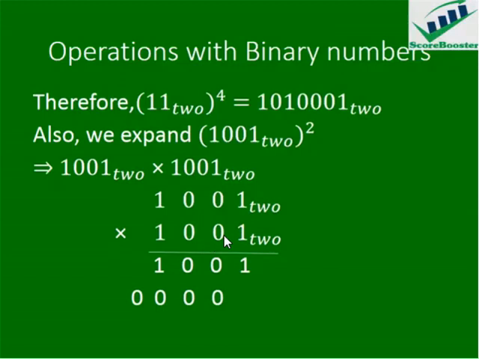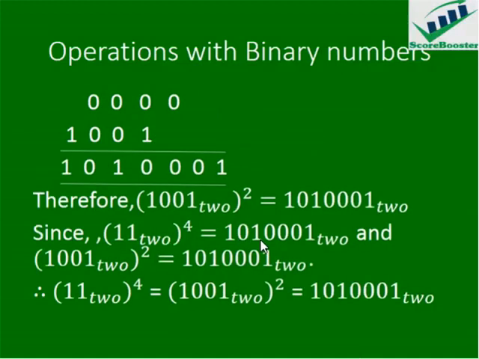So we move to the second number, we shift to the next column. 0 multiplied by 1, 0. 0 multiplied by 0, 0. 0 multiplied by 0, 0. 0 multiplied by 1, 0. We also use this 0 to multiply. You start from the next column here, which is the third column. 0 multiplied by 1, 0, which is here. 0 multiplied by 0, 0. 0 multiplied by 0, 0. 0 multiplied by 1, 0.